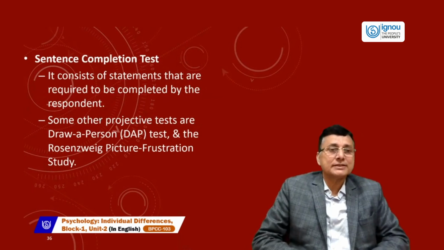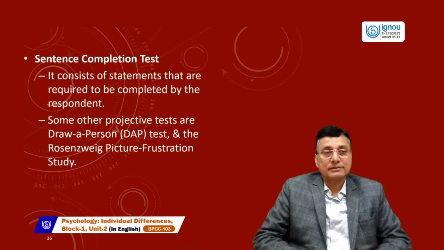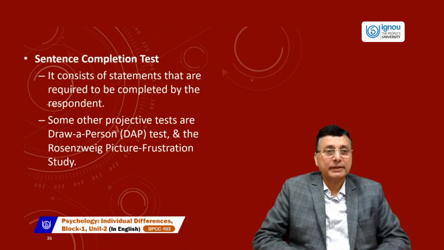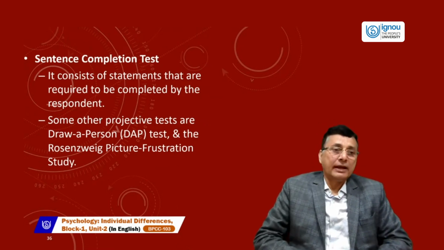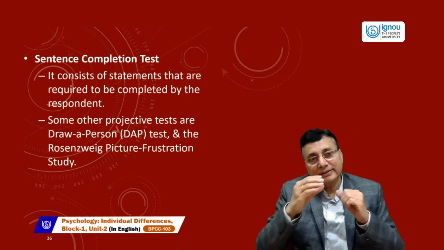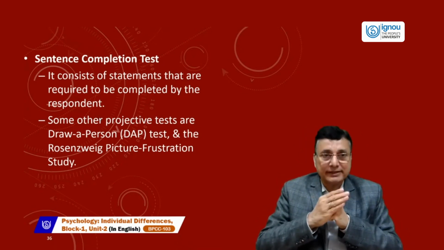Another projective test is the sentence completion test, called SSCT. Rotter has given this test. It consists of statements that are required to be completed by the respondent. There are 60 half statements which the subject has to complete.